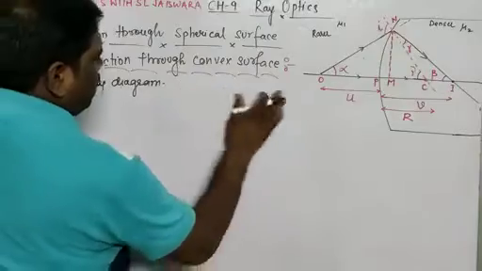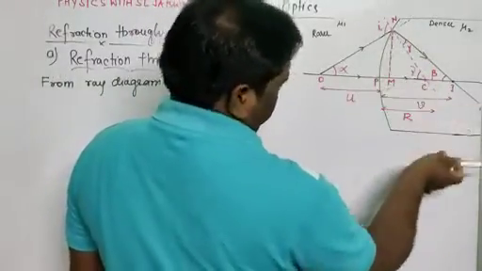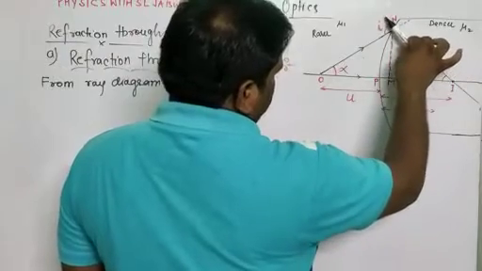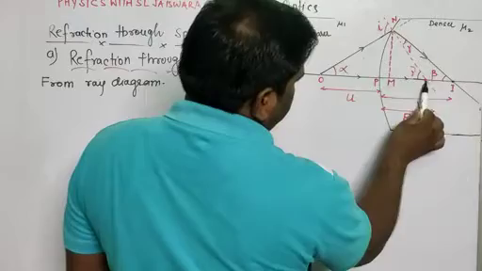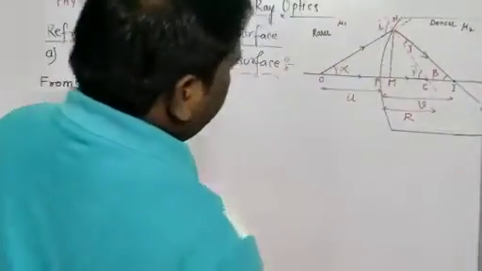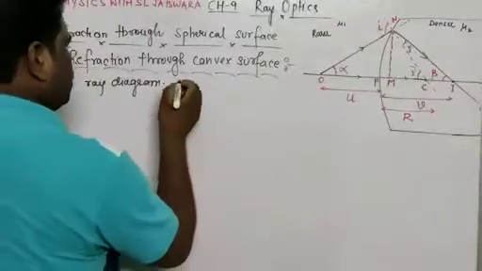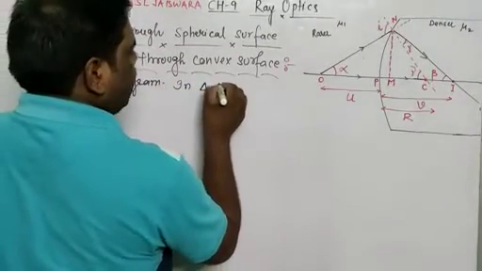Instead of considering this right triangle, let us consider this triangle, that is triangle NCO.